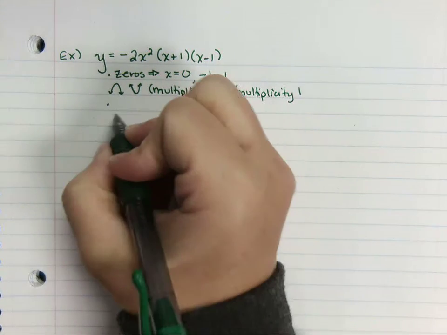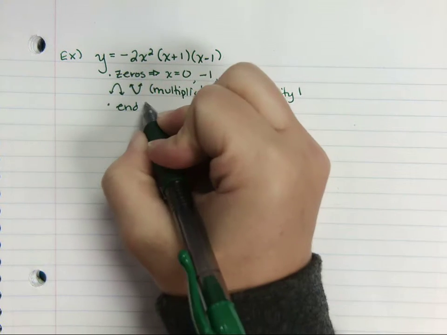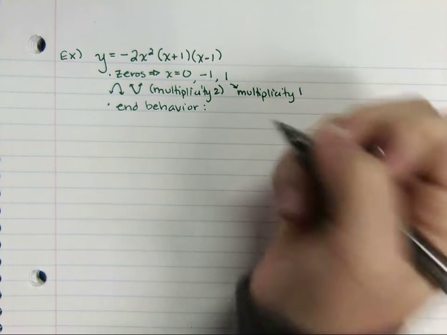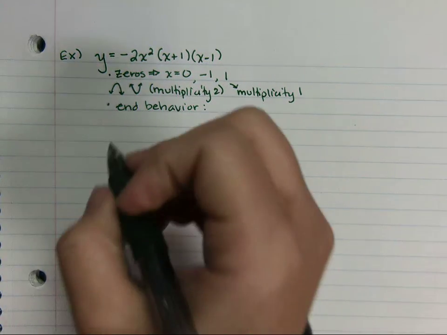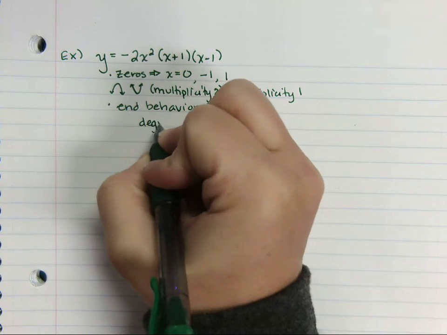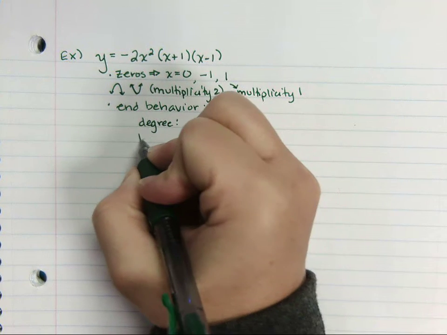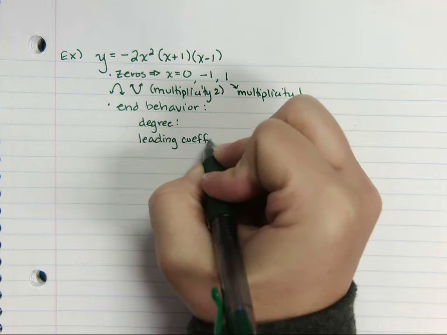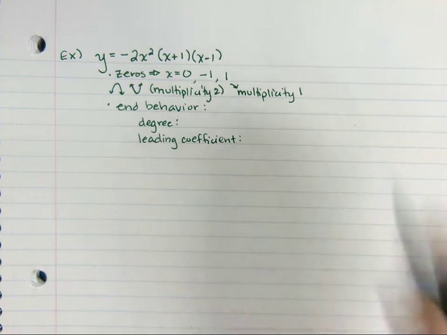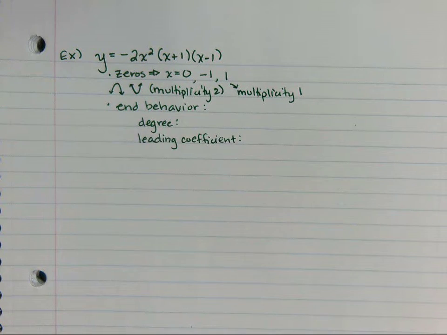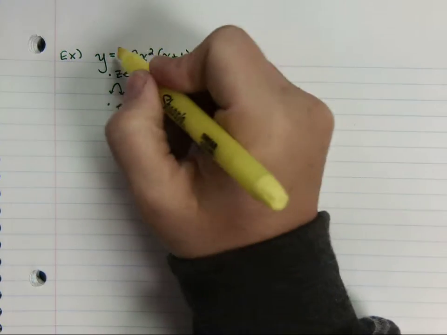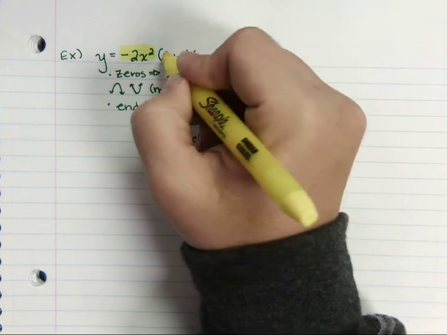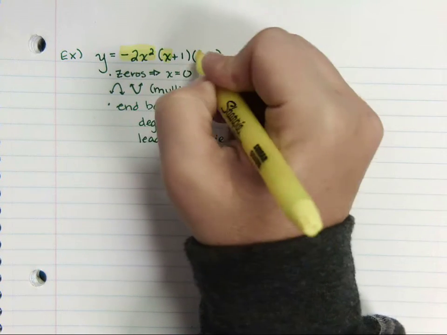So let's look at the end behavior. Again, I need to figure out what my leading term is going to be so that I can identify my degree and my leading coefficient, and that way I can figure out my arrows. So again, I'm going to take this first factor times the first piece of each one of the factors.